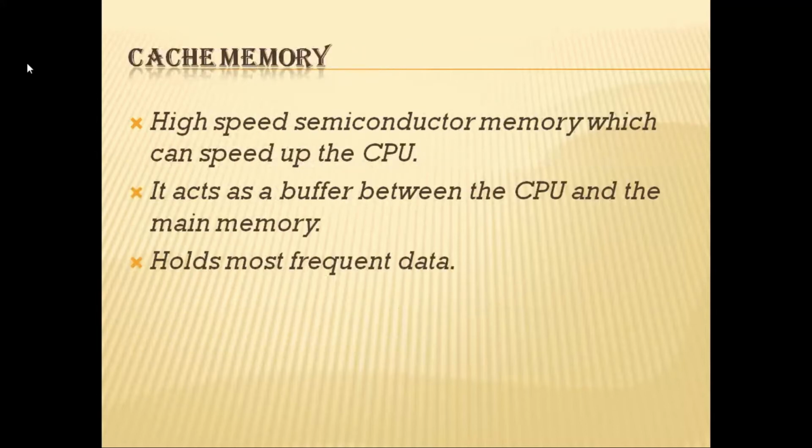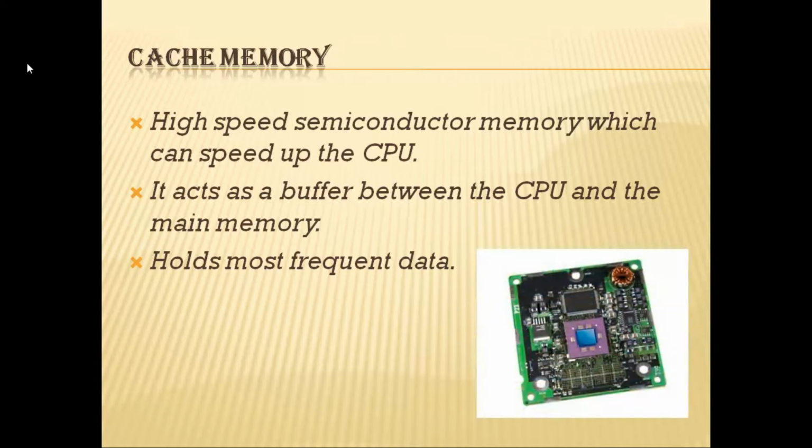Cache memory is a very high speed semiconductor memory which can speed up the CPU. That is, it is in the first position according to the speed of memory data fetching and processing. It acts as a buffer between the CPU and the main memory.